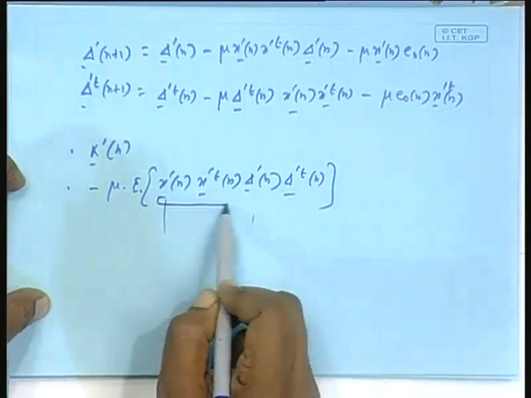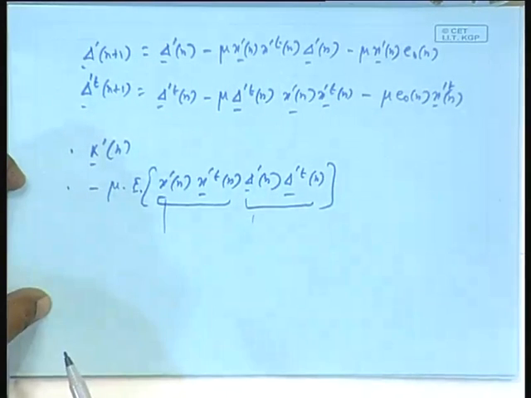So, if you do that now, these are the things I have made you prepared for actually. So, that is why these things will not take much time. This will be nothing but E over this part, E over this part, right?